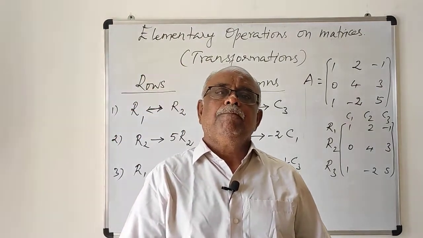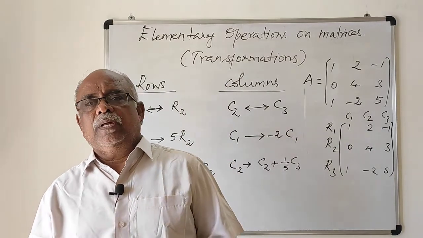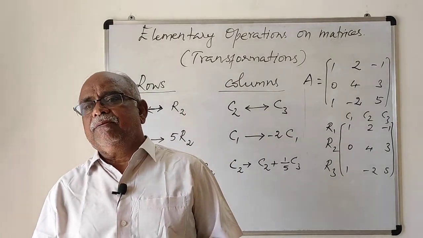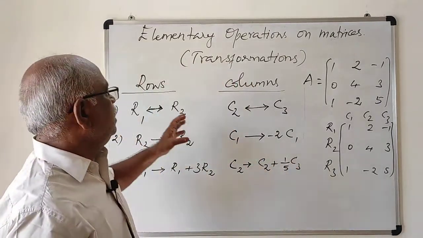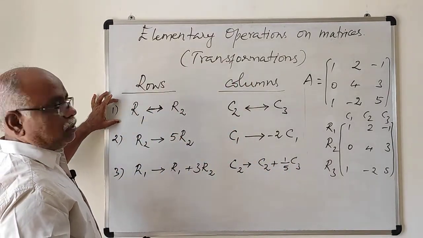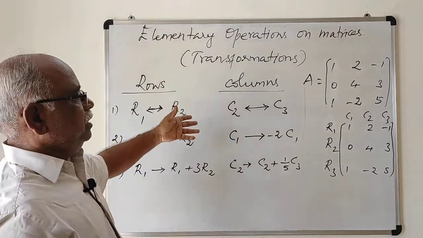My dear students, in the previous video, I introduced the elementary transformations on matrices, that is, elementary operations on matrices. The first transformation is that any two rows or columns of a matrix are interchanged.